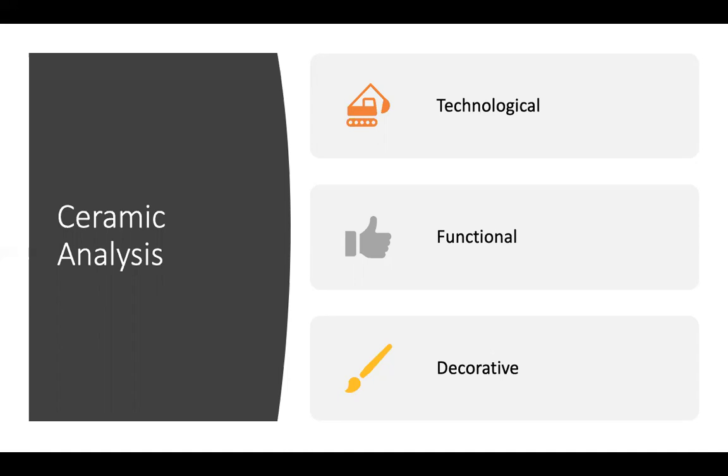What is the function of a particular vessel? Is it a cooking pot, serving vessel, a bowl, a jar, a storage vessel? And finally, decorative. What are the decorative qualities of a vessel? How have potters decorated their pots? So this is the end of this introduction, and next up, you're going to look at the technological aspects and attributes involved in ceramic analysis.